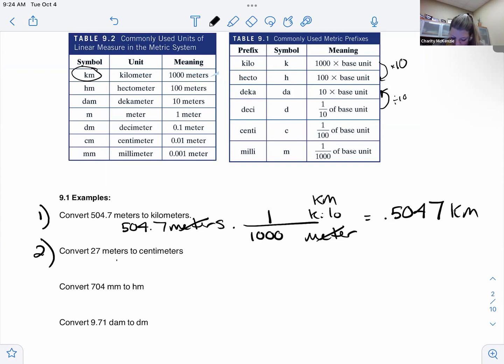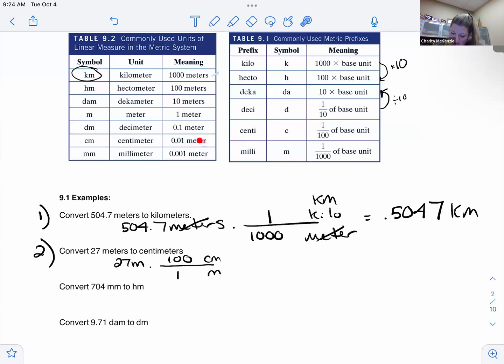I can do 27 meters and times that by centimeters in a meter. There are 100 centimeters in 1 meter. So it's 100 to 1.